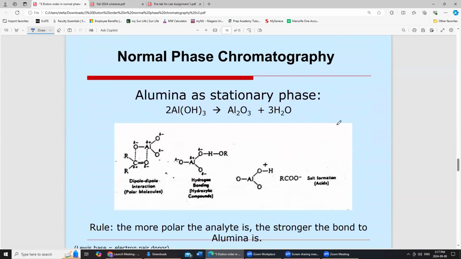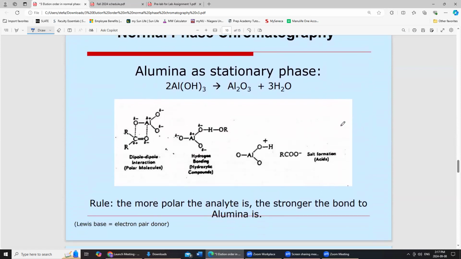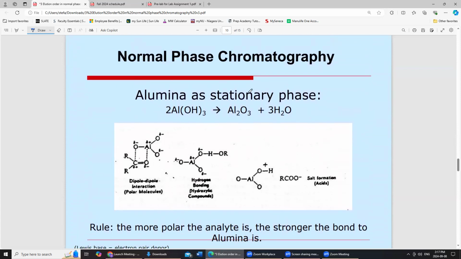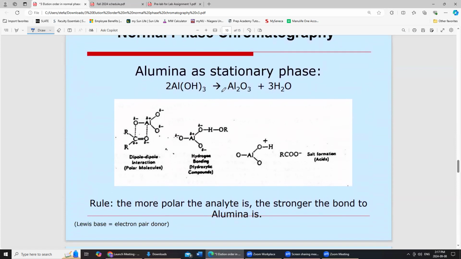So here we have an alumina stationary phase. This is an alumina silica stationary phase. Again, Al2O3. Yes, so alumina is your stationary phase, right?